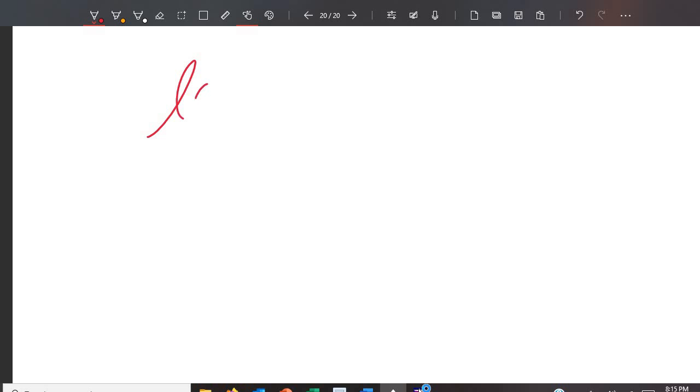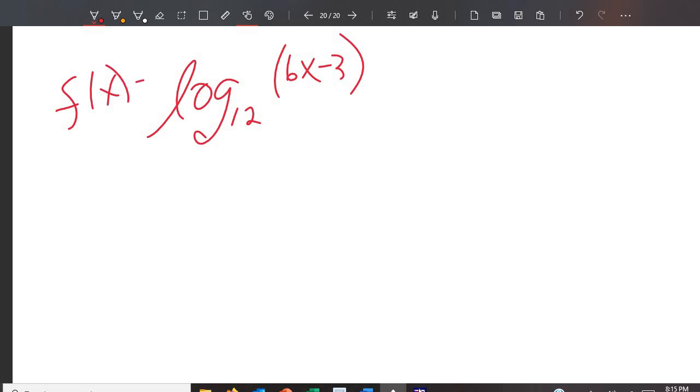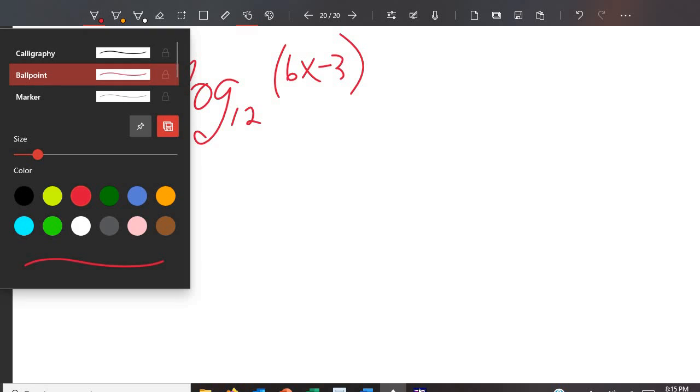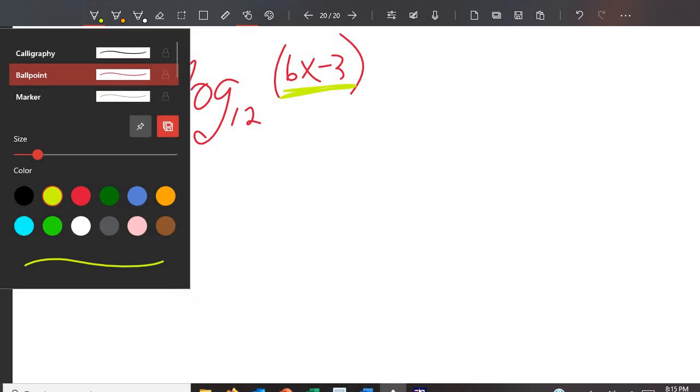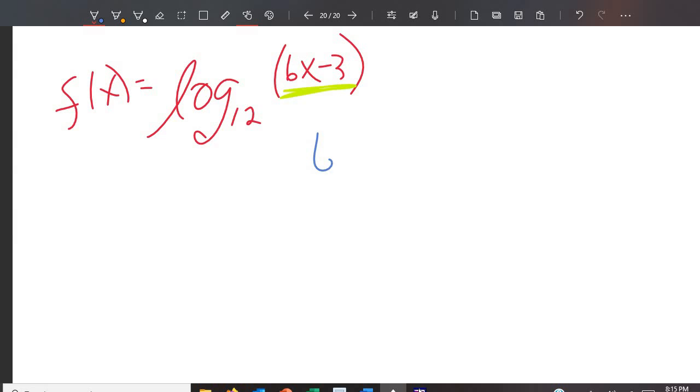Let's say we had log base 12 of 6x minus 3. Well, I need to put my function notation. So I'm going to take this 6x minus 3, and I'm going to say I want that to be greater than 0.